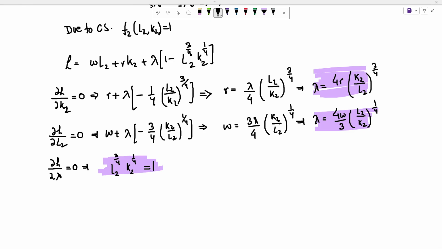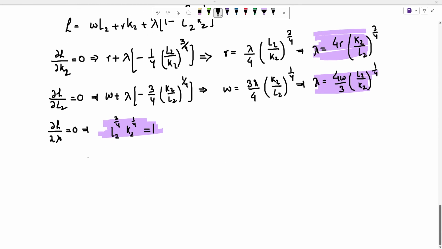And we divide this to get, so I'm not going to write everything. Let's say this is 1 dash, this is 2 dash, this is 3 dash.